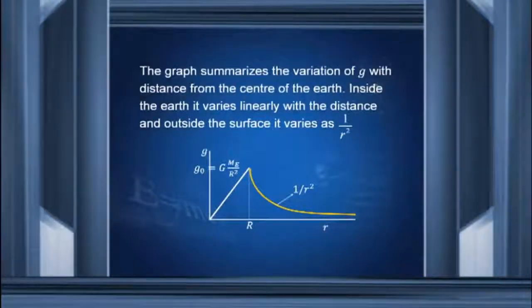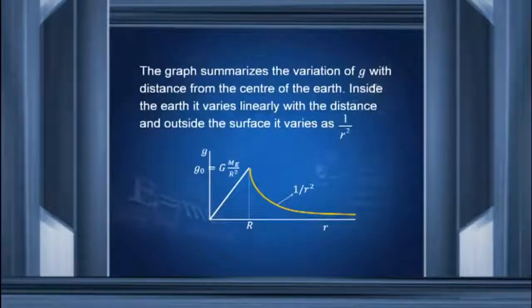This axis shows acceleration due to gravity, and this axis shows the distance r from the center of the earth. This is the radius of the earth. Up to this point, the value of g varies linearly, proportional to the distance from the center of the earth. But if we go from the surface of the earth above into space, then the value of g varies as 1 by r squared.